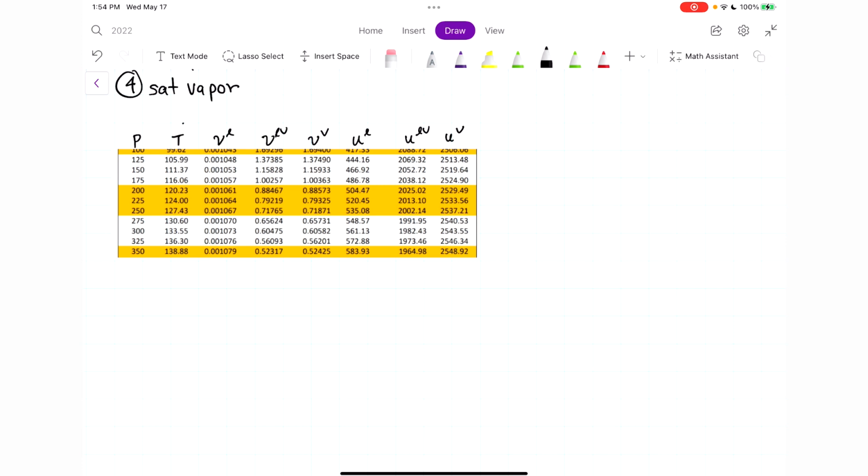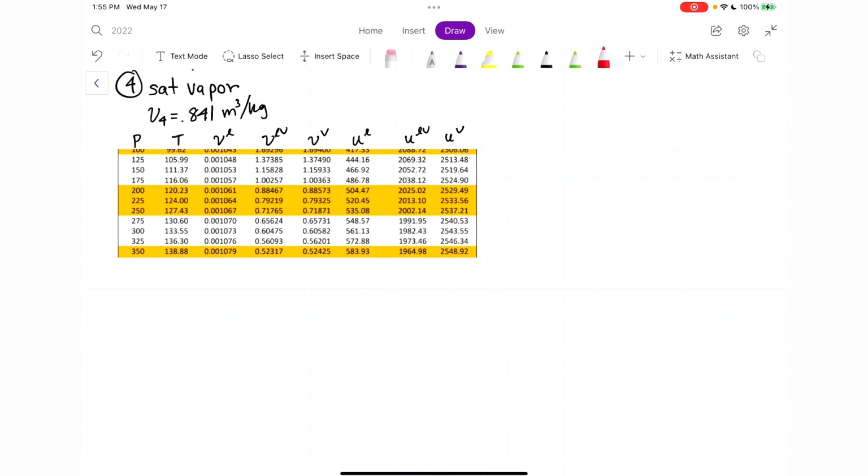Great. So for saturated vapor, the specific volume at state 4 is 0.841 meters cubed per kilogram. We don't know the temperature at this state, and we also don't know the pressure at this state, right? So let's look for the UV.